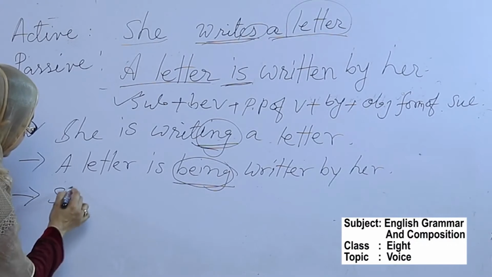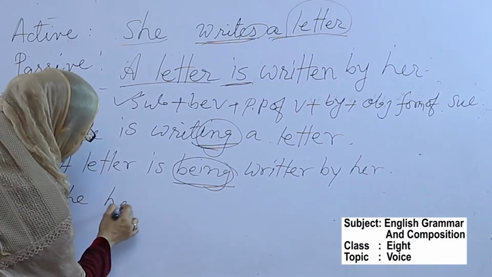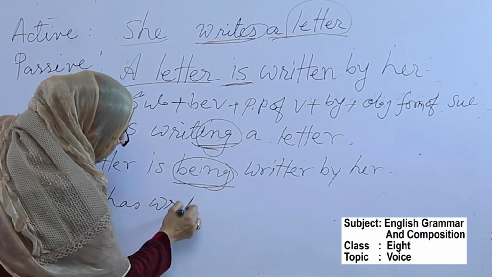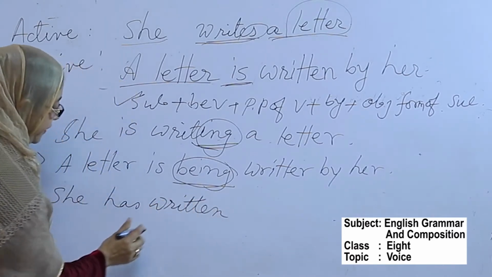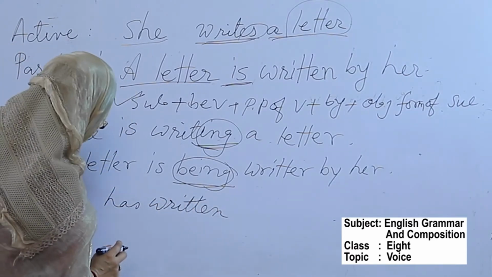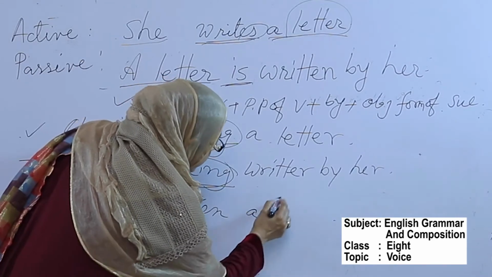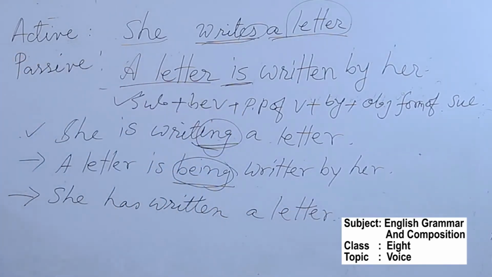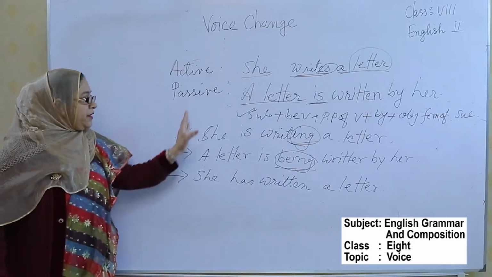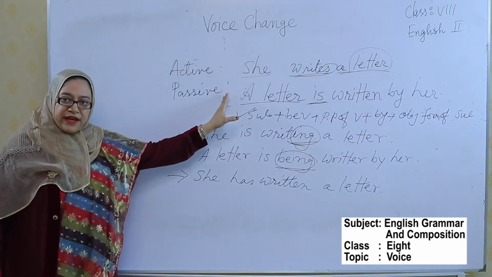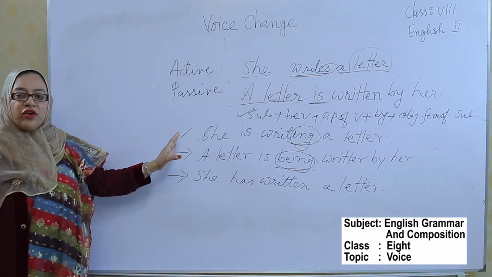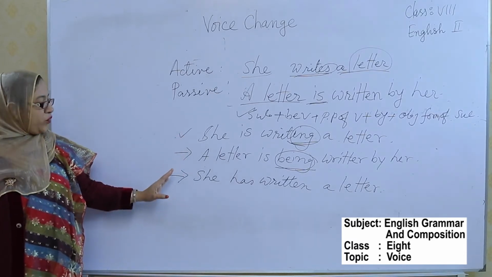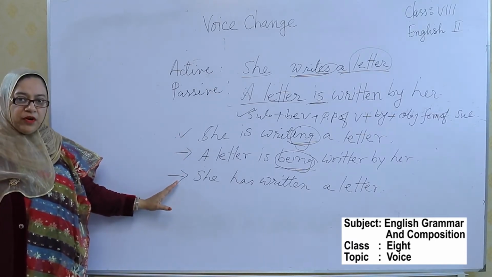Again I write the perfect form of an assertive sentence. This is a simple sentence, and then we go to the continuous form, and then we go to the perfect form of a sentence.